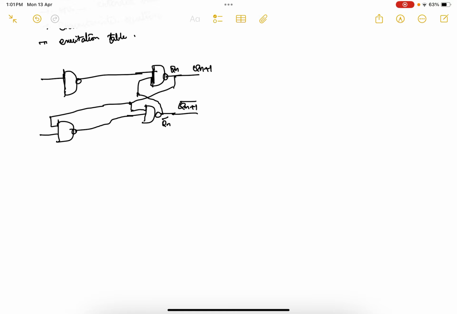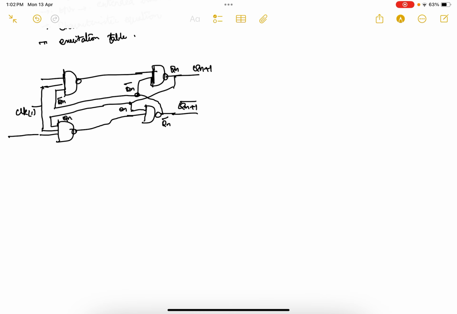And this output is going to come as an input for this, which means that Qn bar will be here, same Qn bar will be here, and here I have Qn, and here also another output will be Qn, and we will have one more input as the clock, which is 1.